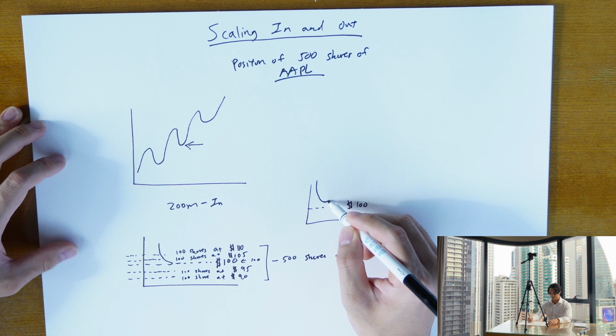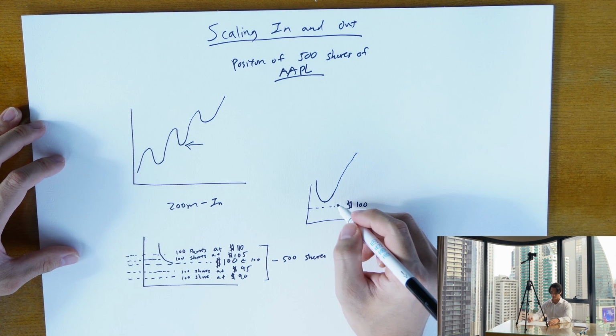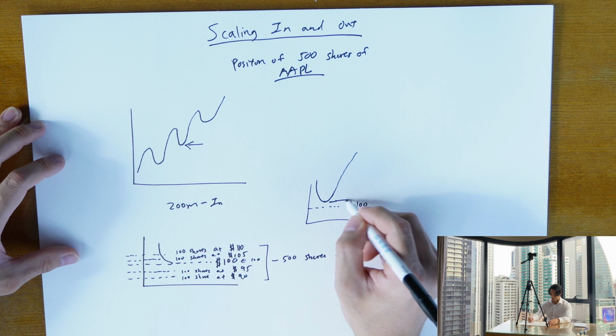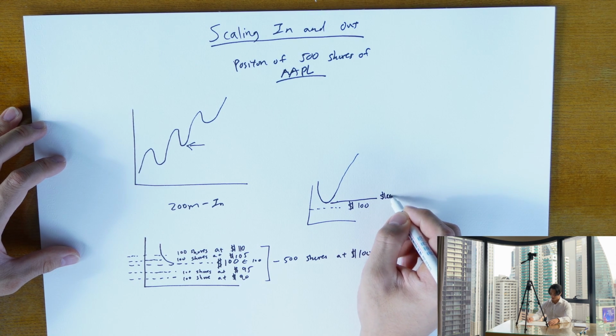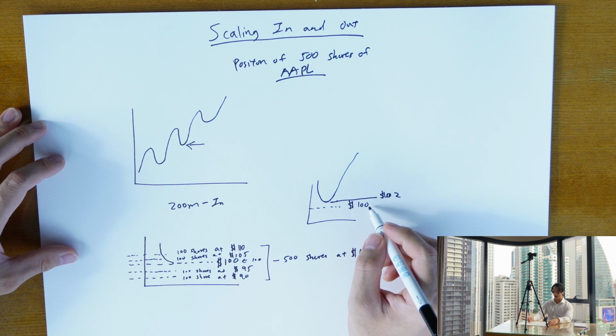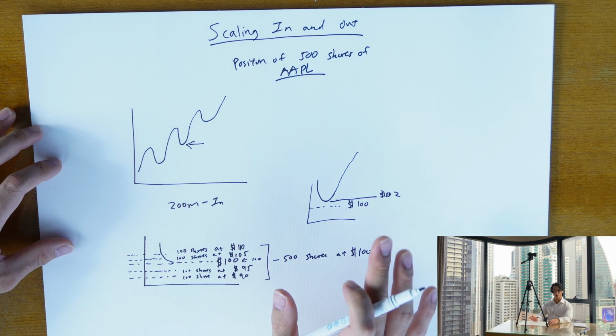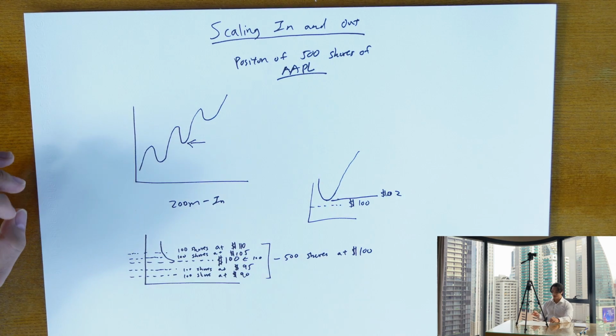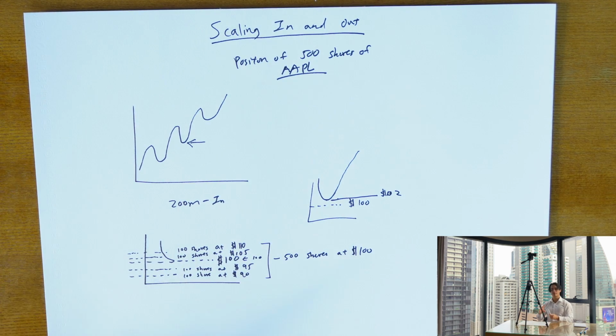Let's say it bottoms at like 102 and starts reversing, right? The actual bottom is 102. If you put a 500 buy order at $100, you don't even get to enter the position, right? So scaling in allows you to at least get partial positions in, even if the stock ultimately does not reach your ideal target price, right?